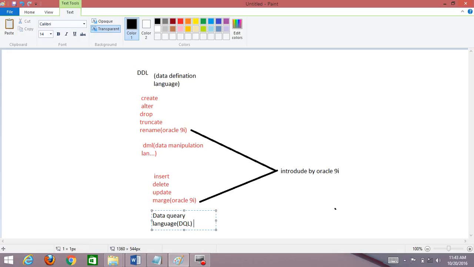Another name of this data query language is data retrieval language. How to retrieve data and how to use data, very clearly, no problem.